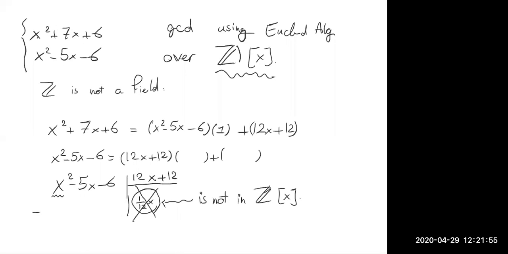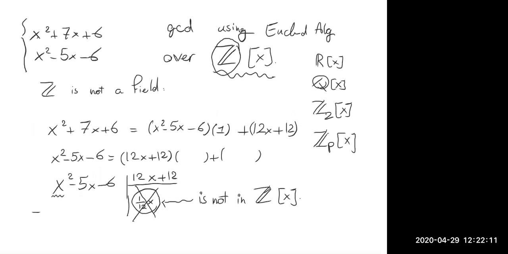The things we can choose are things like R[x] or Q[x], or, for example, Z2[x] or Zp[x], but not Z[x]. Can you tell me what's the difference between these first four examples and Z[x]?